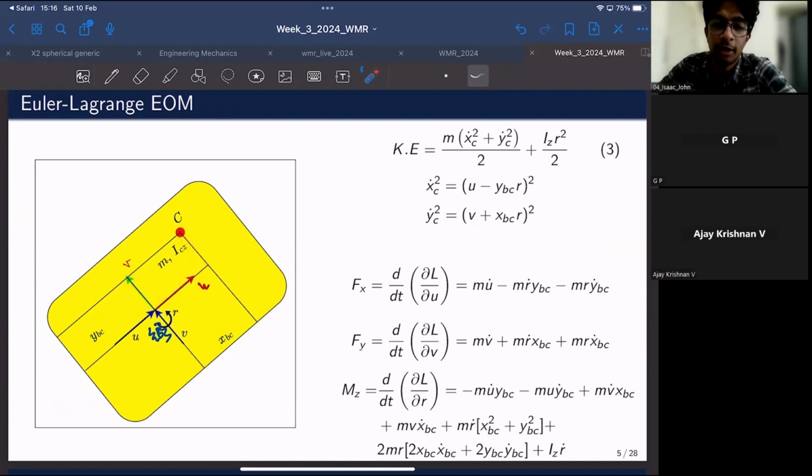So if those are the coordinates of point C, that is the coordinates of the center of mass, then what will be the velocity of point C? It is nothing but u, the contribution of this linear velocity u, plus the contribution of this angular velocity, right? Equivalent to r omega, radius times angular velocity.